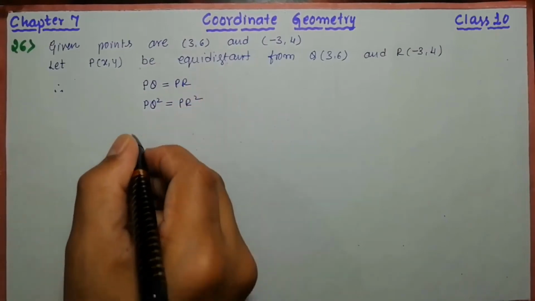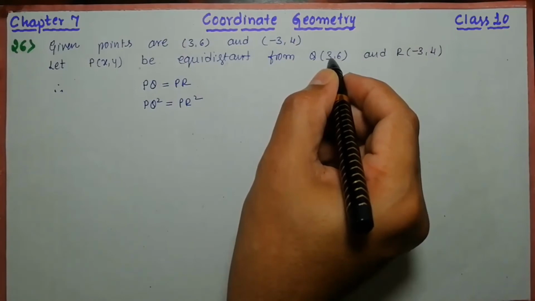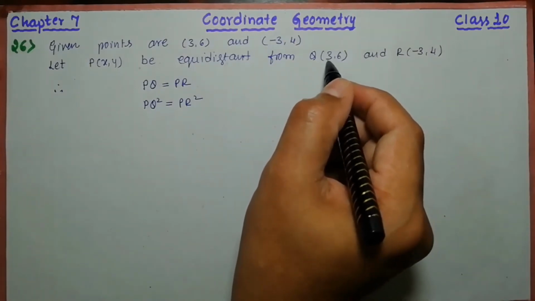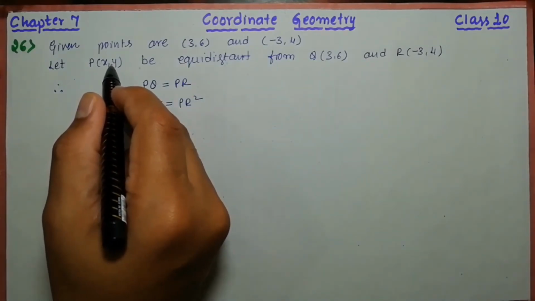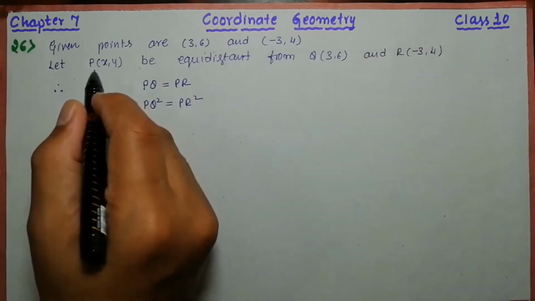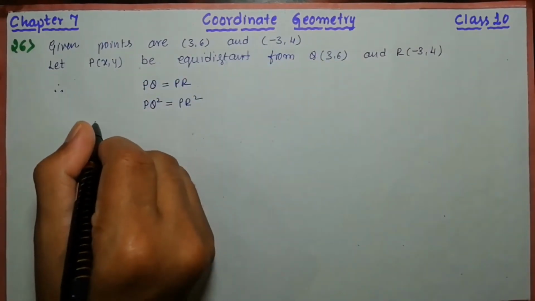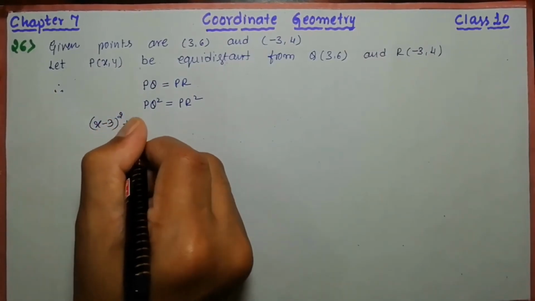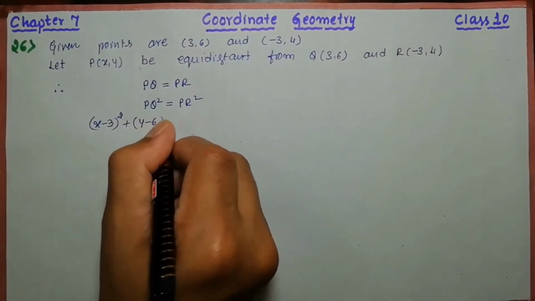PQ square means the distance from P to Q. Here I consider this one as x1 y1 and this one as x2 comma y2, so it becomes very easy. x2 minus x1 whole square becomes x minus 3 whole square, plus y2 minus y1, which is y minus 6 whole square.